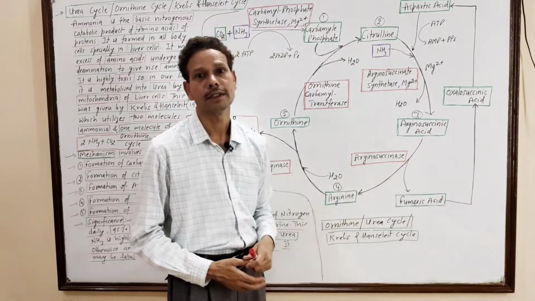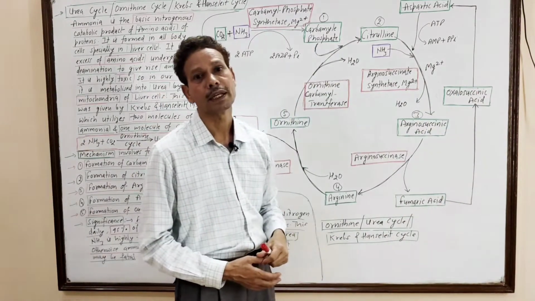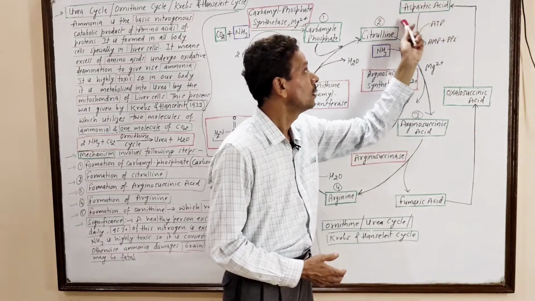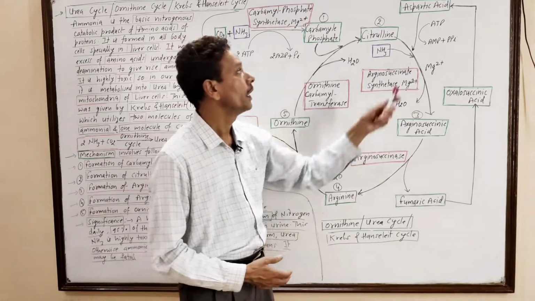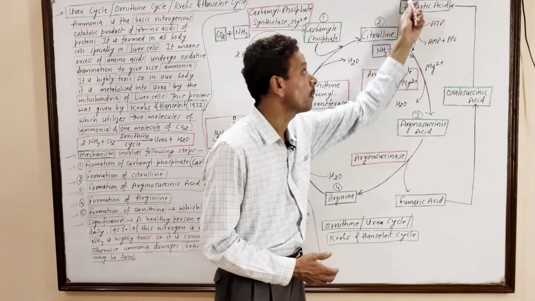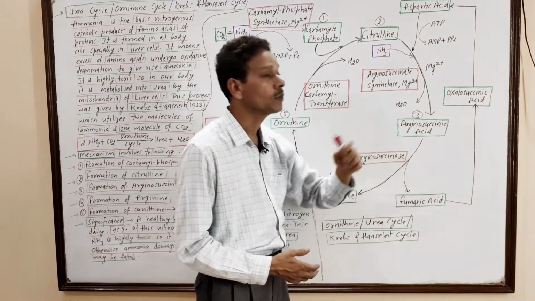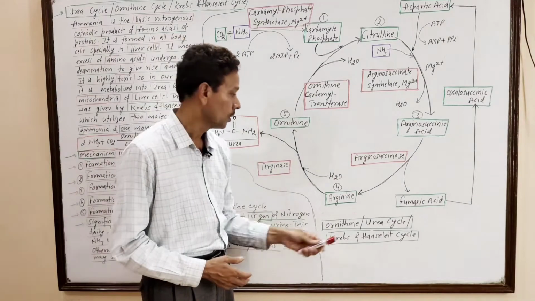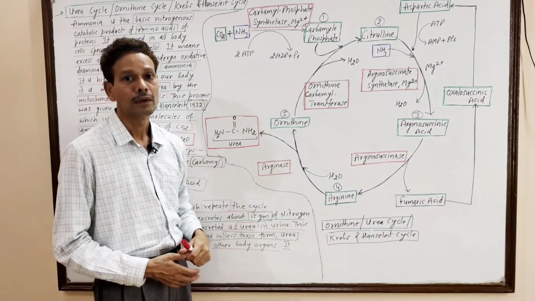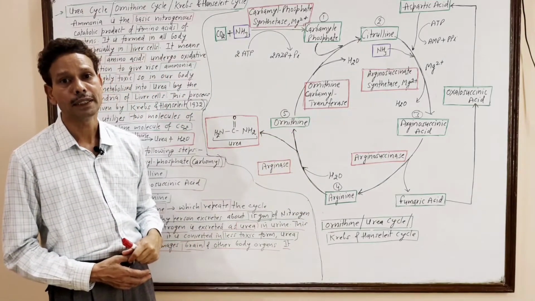This fumaric acid is converted into oxalosuccinic acid, which is transaminated into aspartic acid, and this aspartic acid combines with citrulline to produce arginosuccinic acid, and this arginine gives rise to one molecule of ornithine.